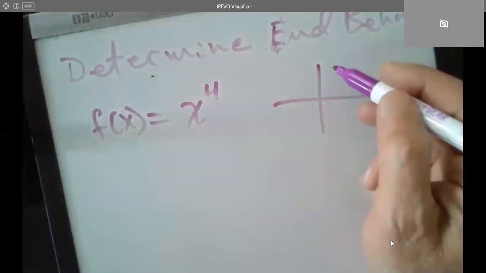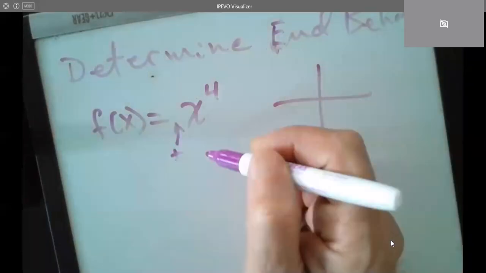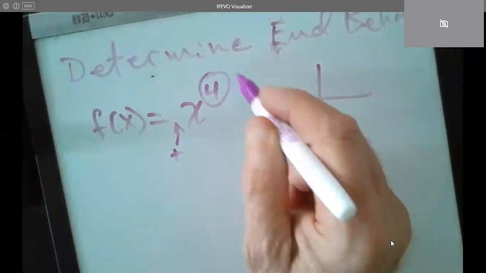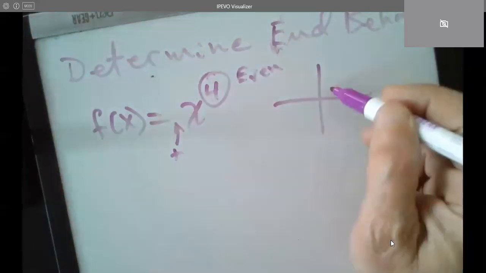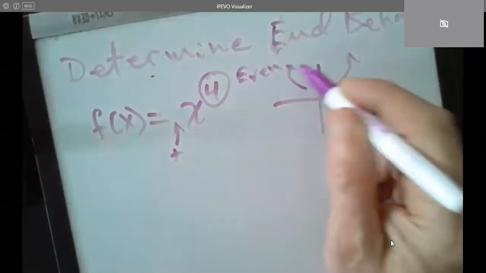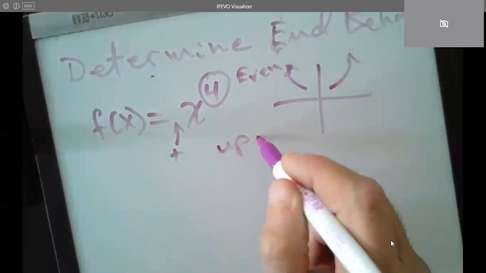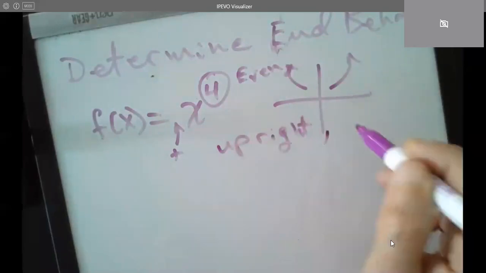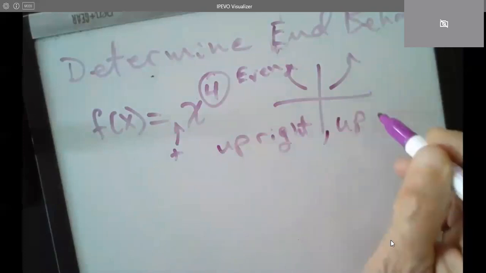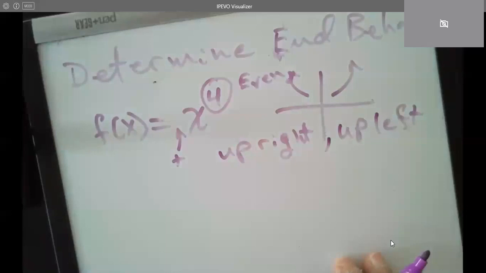So because this is positive and it's even, it's going to be up, right, up, left. So that's our end behavior. That's all we got right there. Okay? Questions with that? All right.